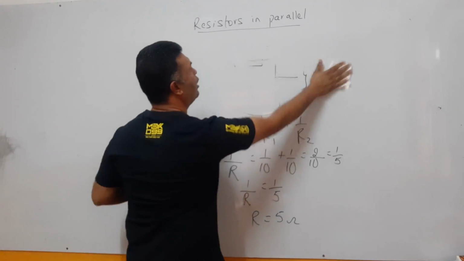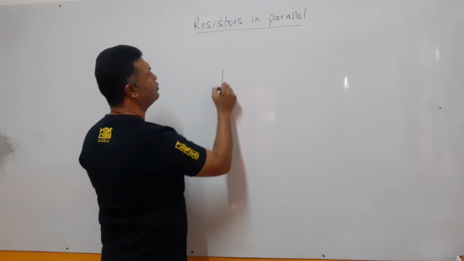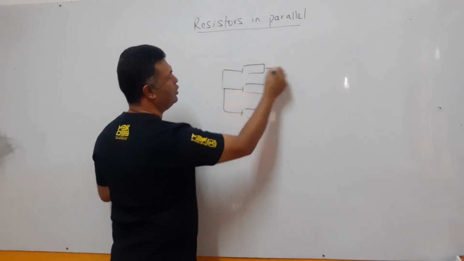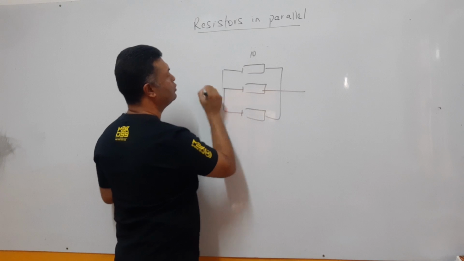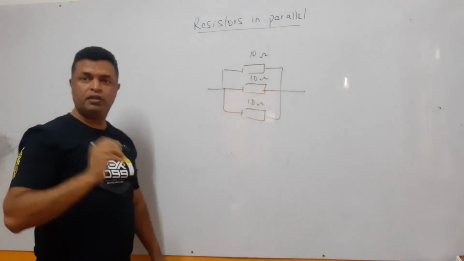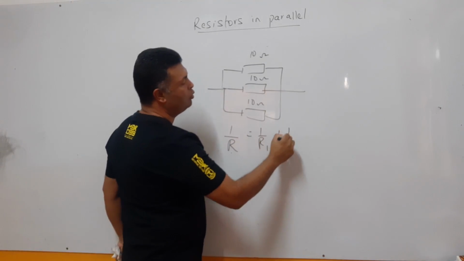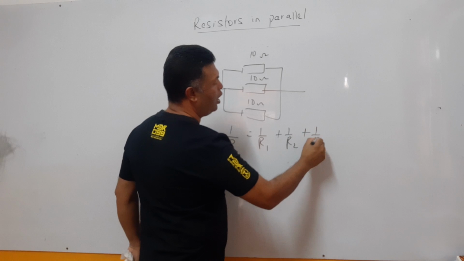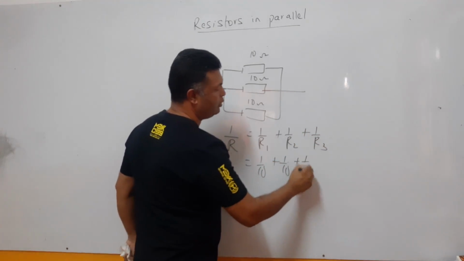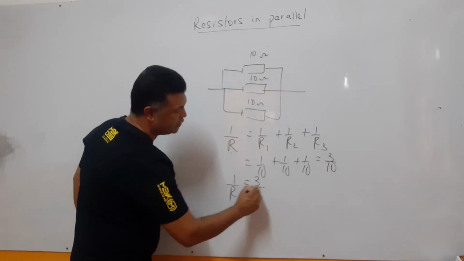Similarly, if I have three resistors in parallel, 10 ohm, 10 ohm, 10 ohm. Now in this case, the equation becomes 1 over R equal to 1 over R1 plus 1 over R2 plus 1 over R3. 1 over 10 plus 1 over 10 plus 1 over 10, 3 over 10. 1 over R is 3 over 10.